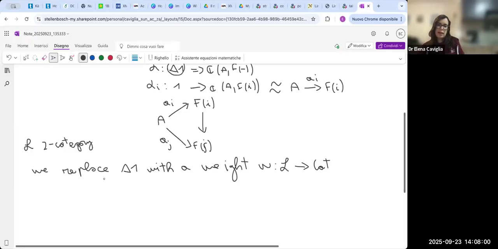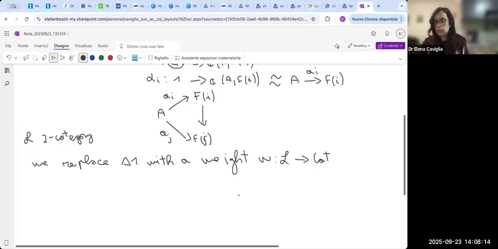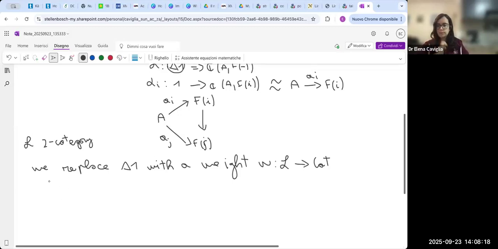In particular, delta 1 is a special weight. It's just the functor that sends everything into the category 1. But we can have many of them.